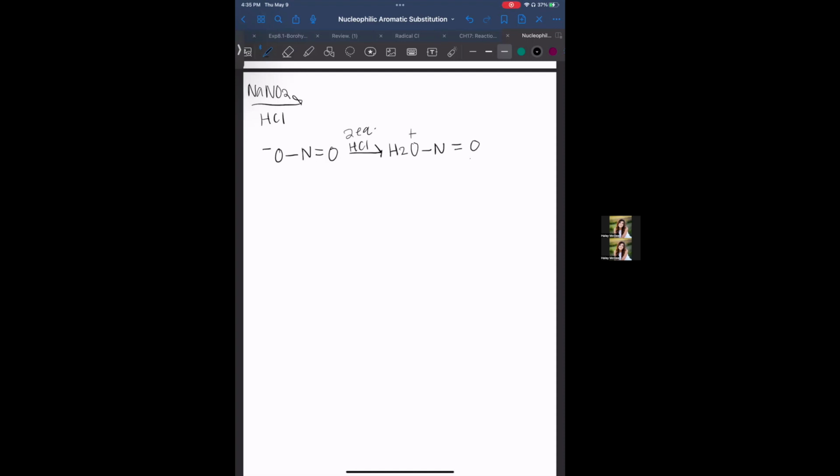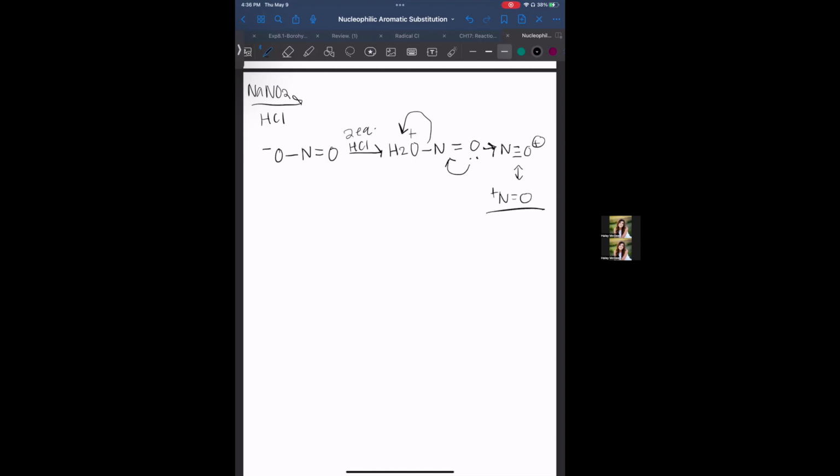And then the lone pair on this oxygen is going to kick over, and it's going to cause this OH2 to leave. And this is going to leave us with an N triple bonded to an oxygen, or it could also be drawn as positive charge on the N, double bonded to the O.